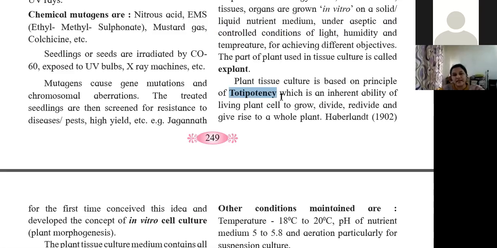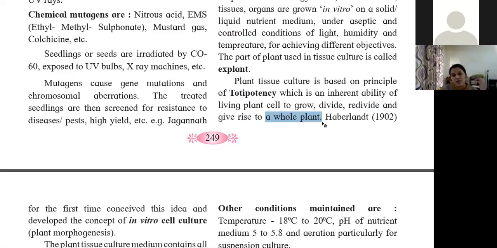It is the ability of any plant cell, plant organ or a plant tissue to develop, to grow, to divide and redivide and give rise to a whole plant. It means I told you that if we cut any branch of a plant, then after some days a new branch can develop at that same point on the plant.